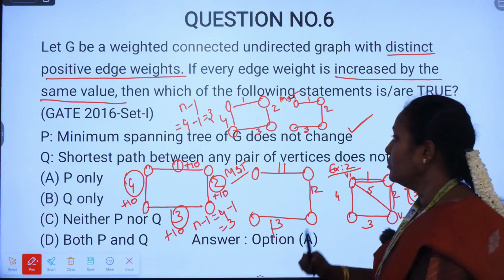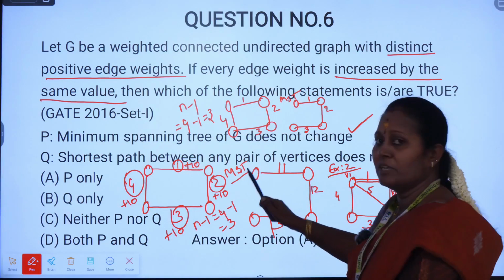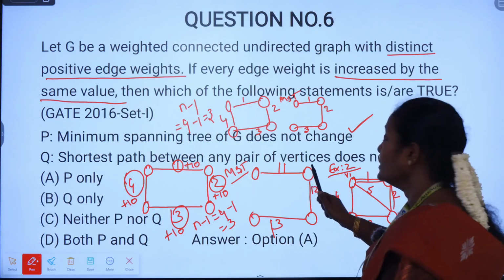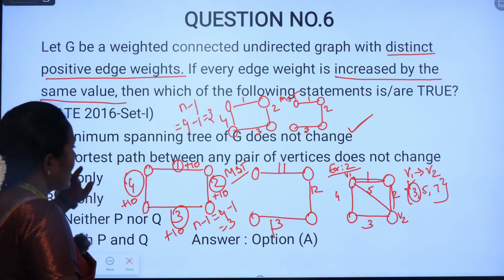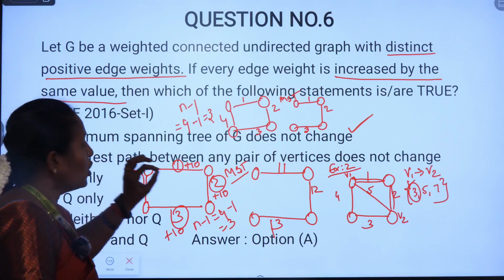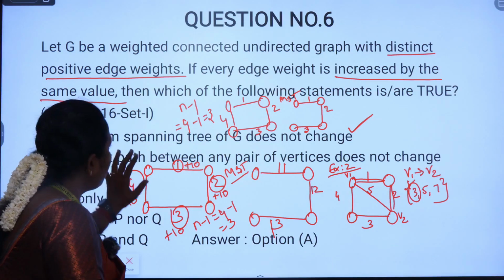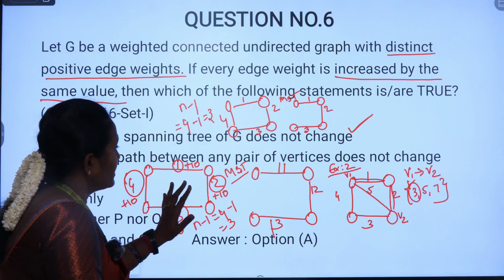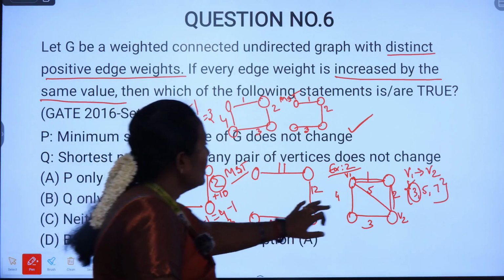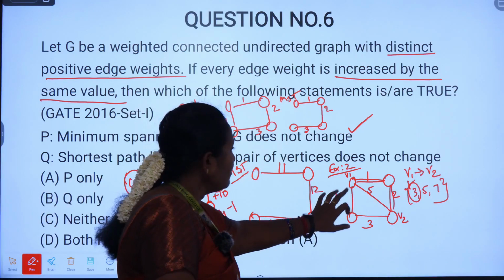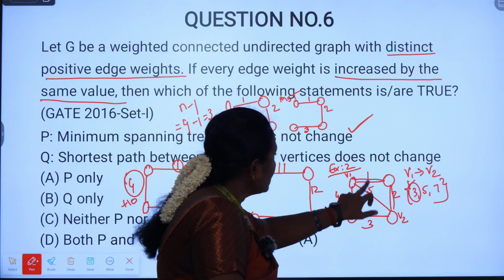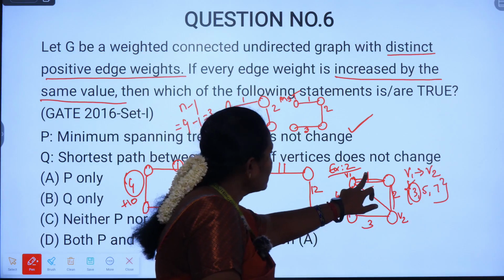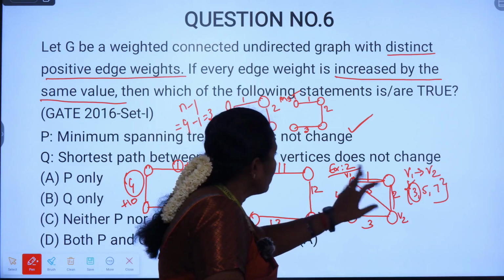What is statement number 2? The shortest path between any pair of vertices does not change. This is the second option. We are going to talk about the shortest path between any pair of vertices. I am going to consider this graph with 4 vertices and 5 edges with weights 1, 2, 3, 4, 5.